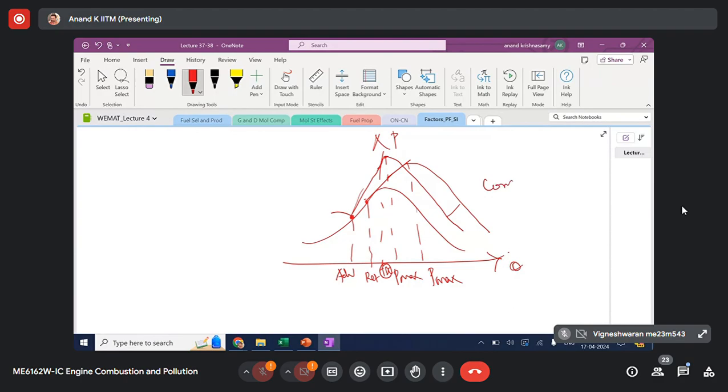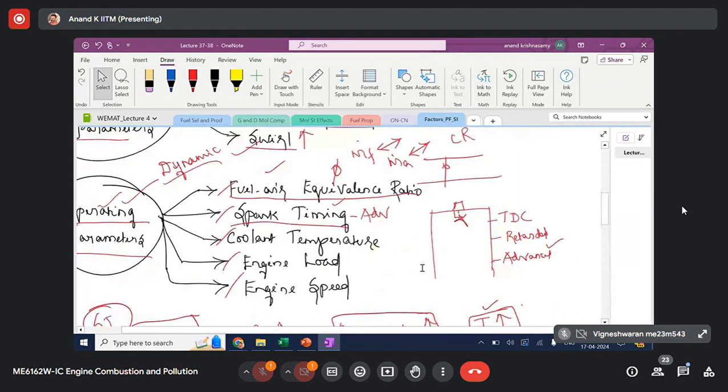You have different combustion phasing based on when you discharge the electric spark, and this difference in combustion phasing affects Pmax, meaning it affects the in-cylinder temperature. So when you are advancing the spark timing, obviously there is a rise in temperature. Because of this, what will happen to NO? It will increase, sir. NO is increasing.